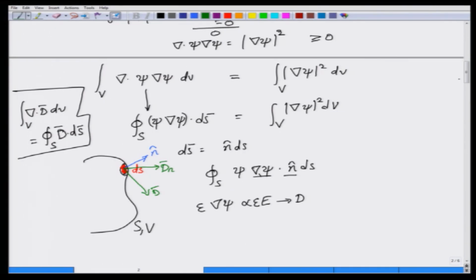So, it is clear that even if it is not D n, if the material medium is there, then it would be proportional to E n. So, this del psi dot n could very well be a quantity which is E n, the normal component of the electric field at that surface area.